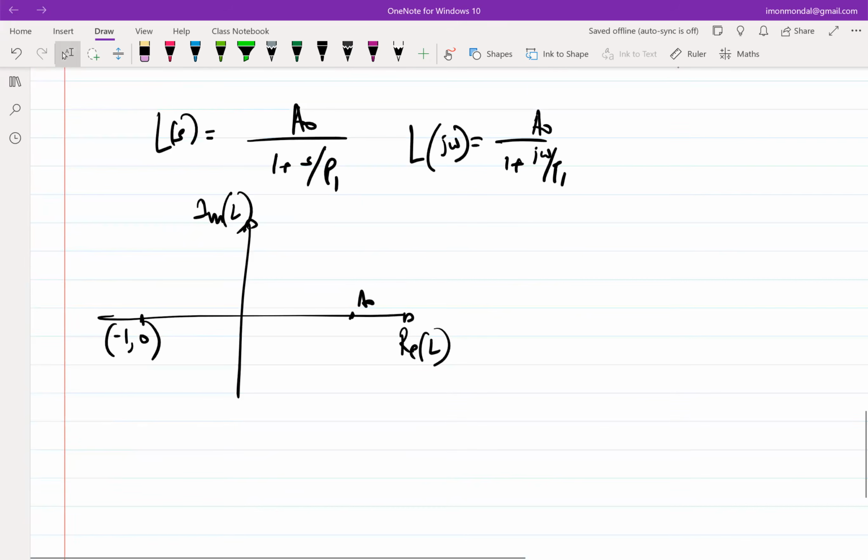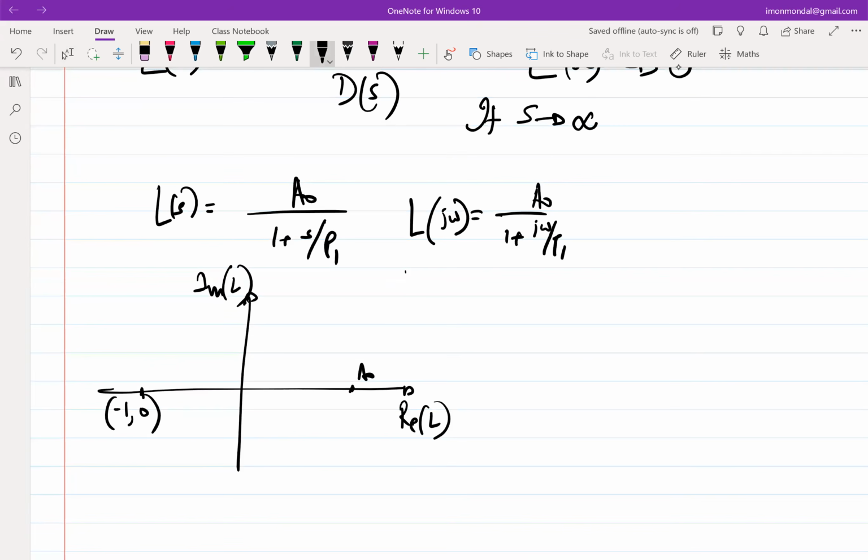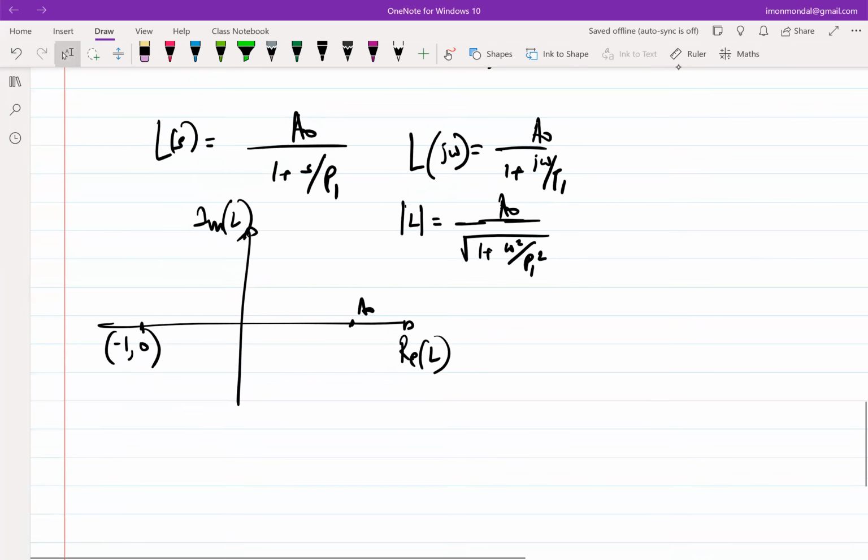So L of j omega has two components. One is magnitude, other is phase. So magnitude of L is A0 by under root 1 plus omega by P1 squared. And what is the phase? Minus tan inverse omega by P1.